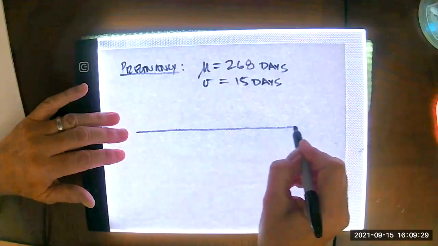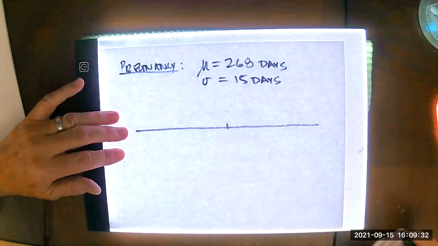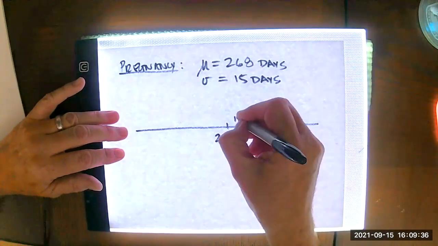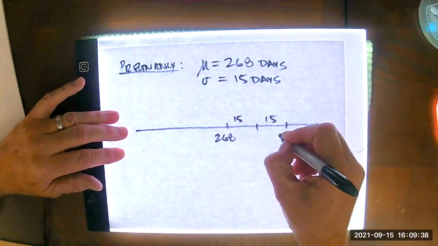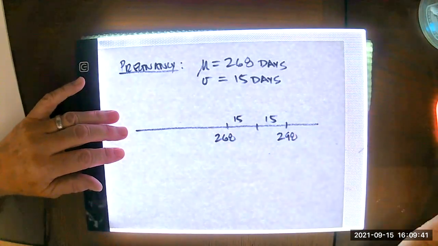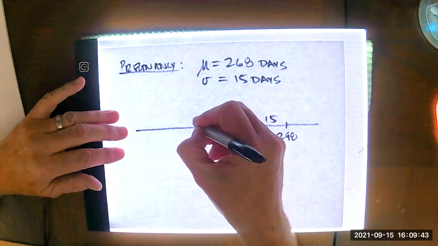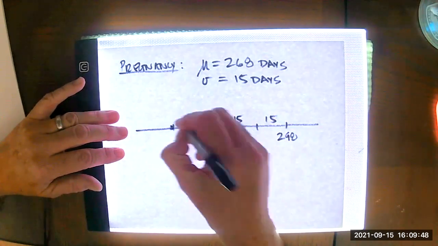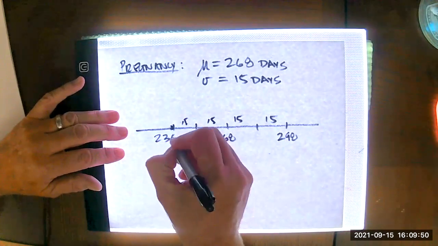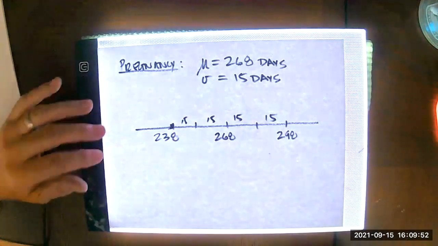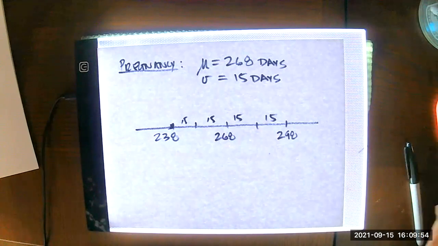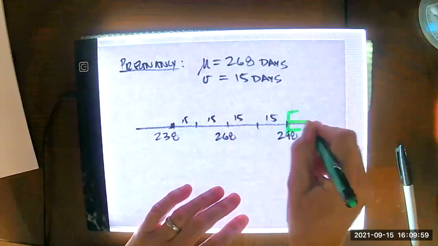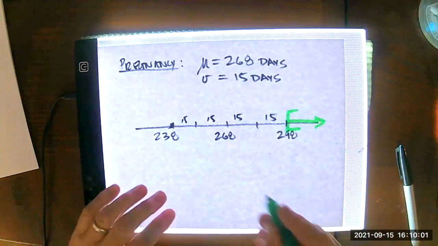So if I start with 268 in the middle, and I take 2 steps up, 15 and 15, that would be 298. 15 and 15 is 30. 2 steps down, that would be 238 in terms of days.